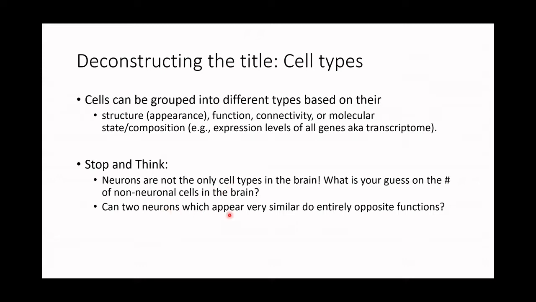And then, can two neurons which appear very similar do entirely opposite functions? On that, I can say right away that there are excitatory neurons and inhibitory neurons: neurons which activate other neurons to fire and neurons which inhibit other neurons from firing. They may look the same in terms of their cell body structure, their axonal structure, their dendritic structure, and so on.